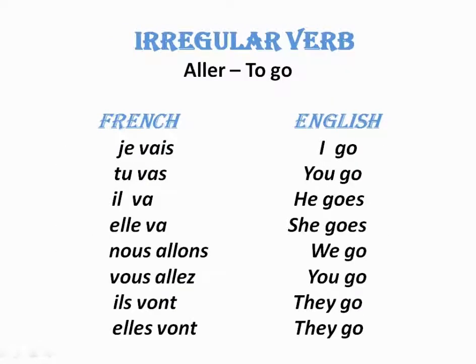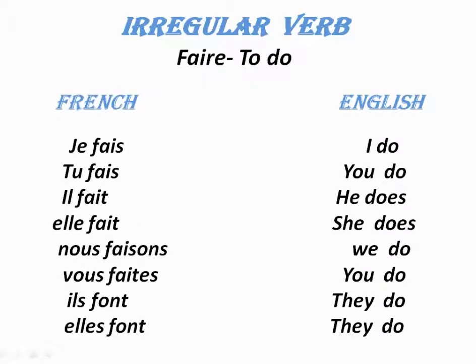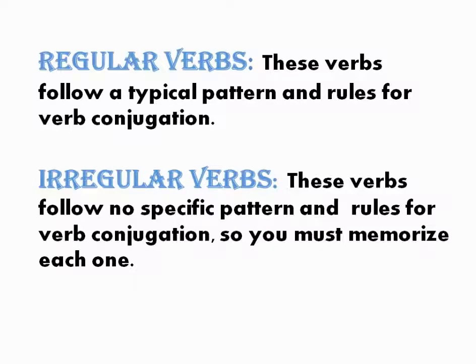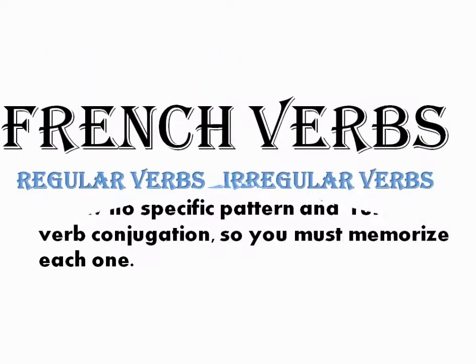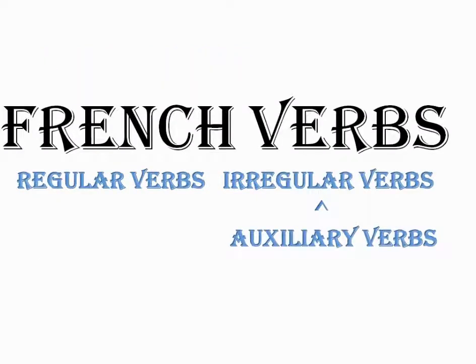So you can see that all the irregular verbs, the different irregular verbs that we have discussed, are conjugated in a totally different manner, and there is no similarity in the conjugation of these verbs. So you can see that there is a lot of difference between the regular and irregular verbs.